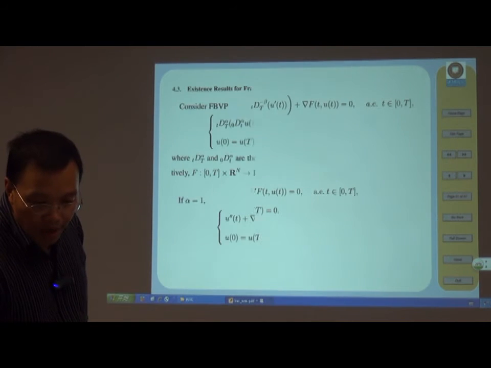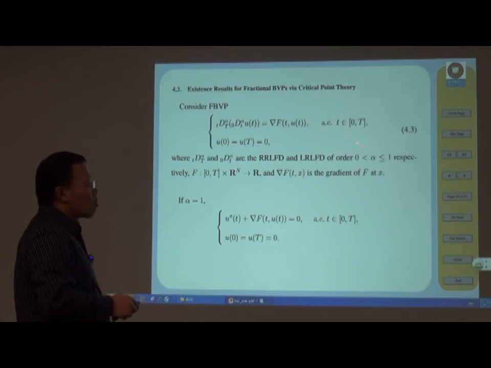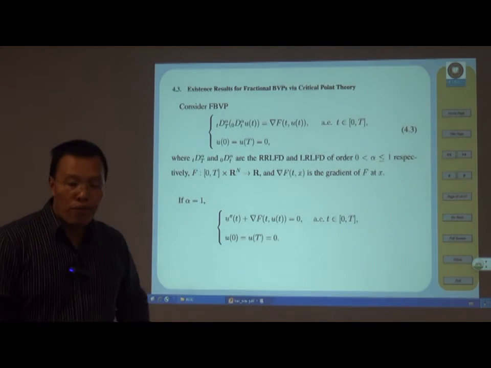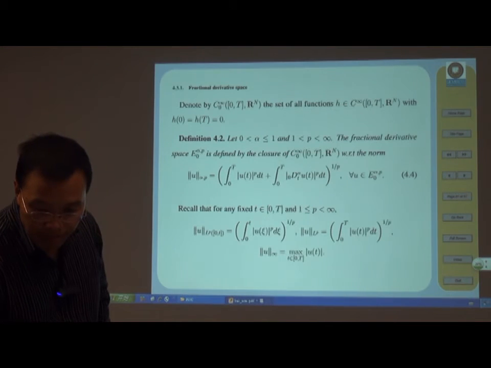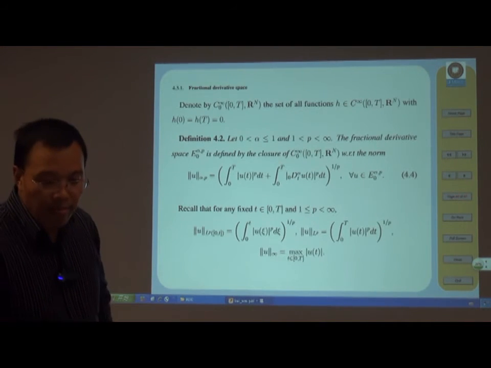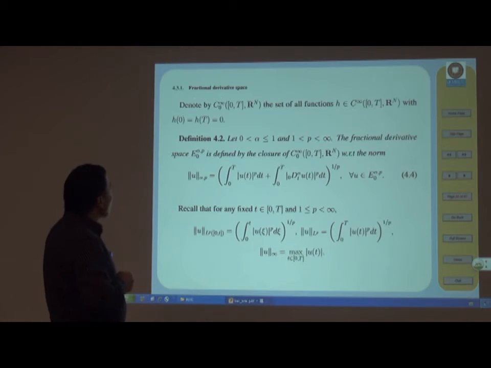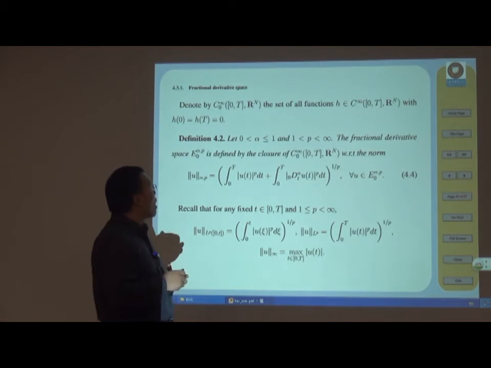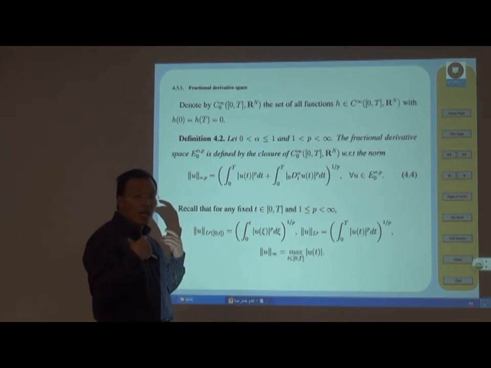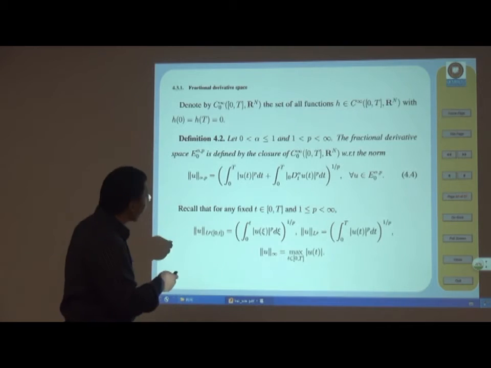And we will focus our arguments on this problem 4.3. Firstly, we construct the fractional derivative space. Firstly, construct the space, secondly, consider the structure, and thirdly, consider the solvability.